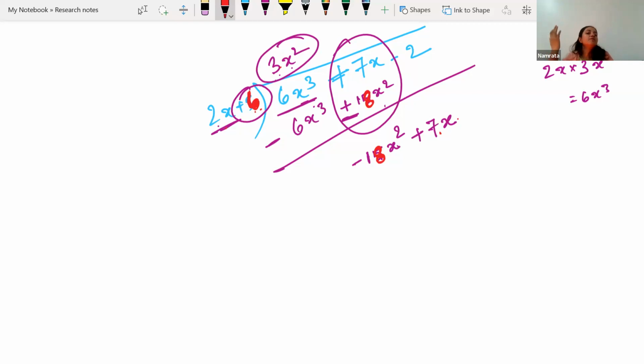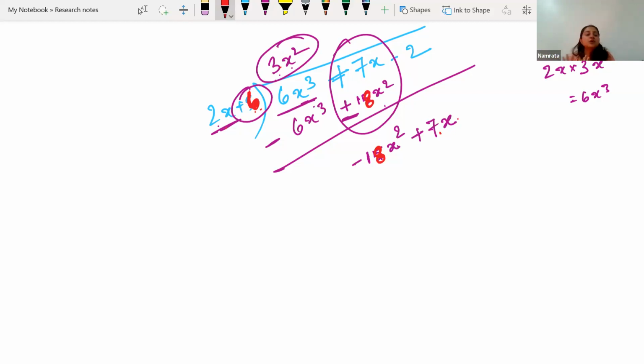Like one will have x and another x square, or maybe one will have x square and another x cube. So you will not be able to add or subtract them together. Then in such a scenario, just copy the below one and the above one as it is with its sign, and then again continue the same process of division.